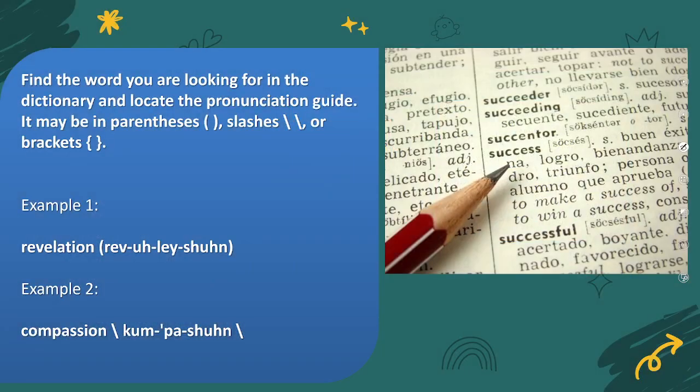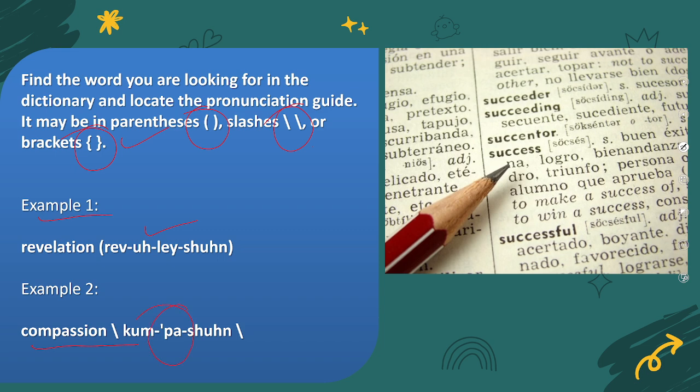Here you can find the pronunciation key, either written in between slashes, in parentheses, or also in these curly brackets. If you have a word entry, revelation, this is how you would say it. Revelation. Compassion. Now where are we going to put our stress?